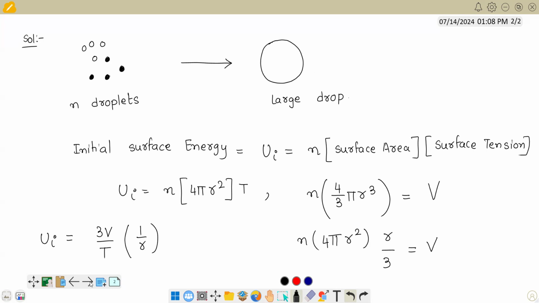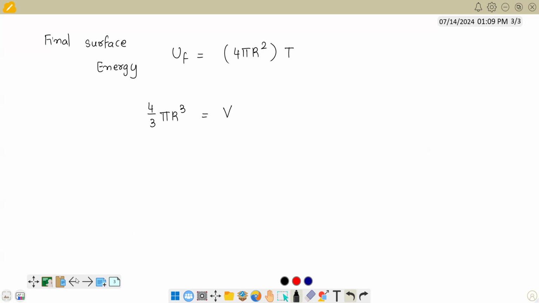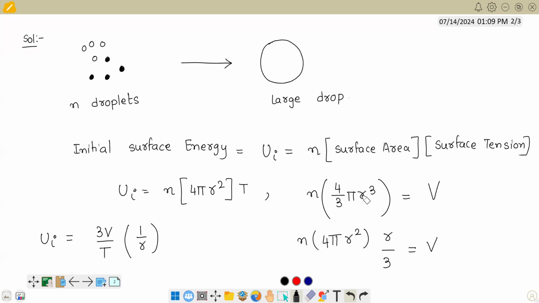Let us do the same thing for the larger drop. Final surface energy U final equals, again, surface area 4 pi R square into surface tension T. Again the volume of the larger sphere is 4 by 3 pi R cube, and it is given as capital V. You might wonder why initial volume is equal to final volume.